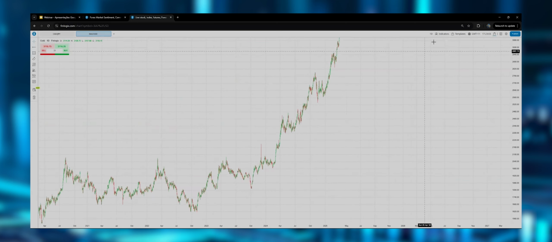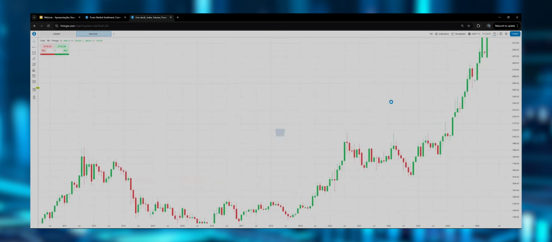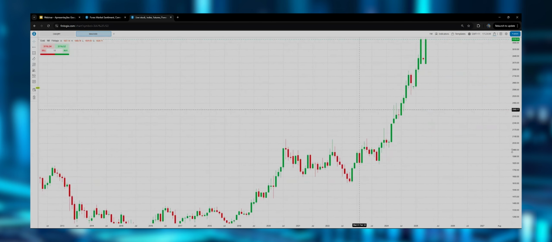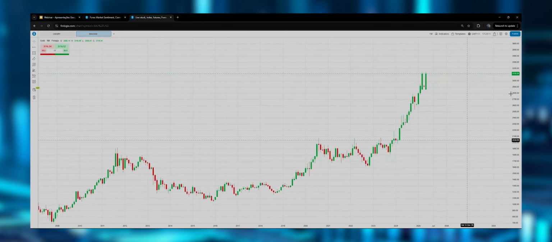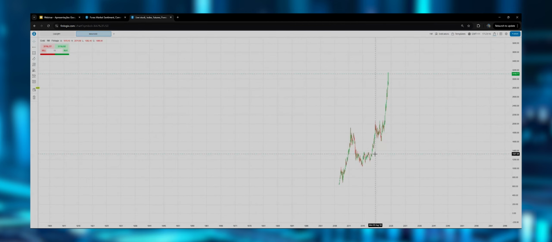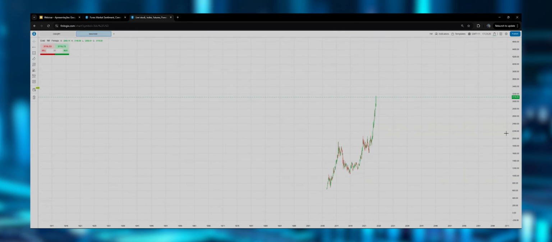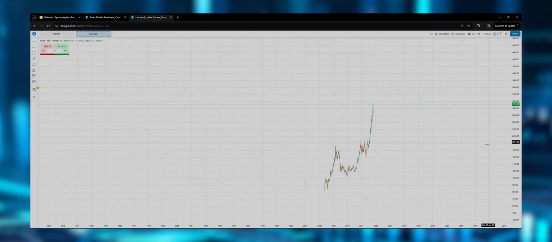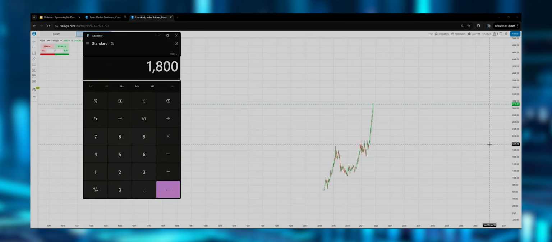If we look at a monthly, all right, this is a monthly chart. So since 2021, gold has come from $1,800 per ounce to $3,000. So it's pretty much doubled, nearly there.